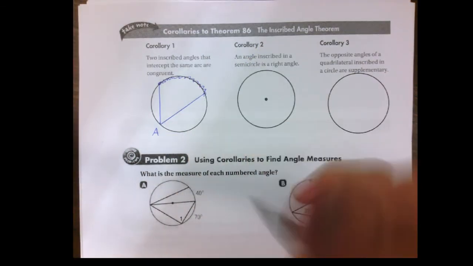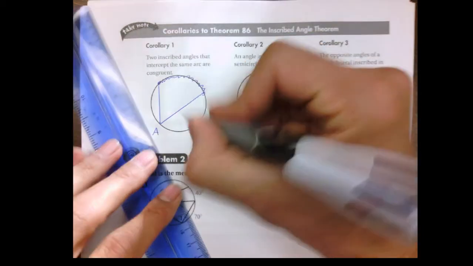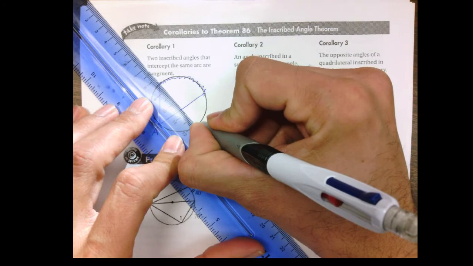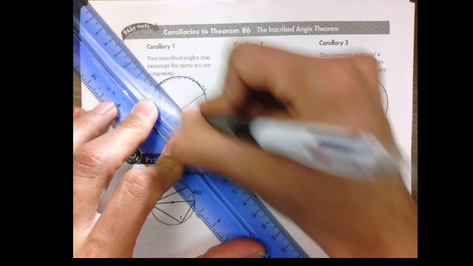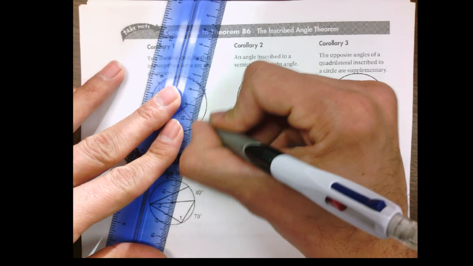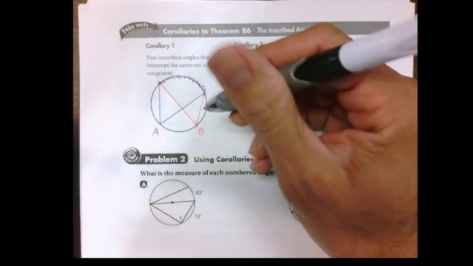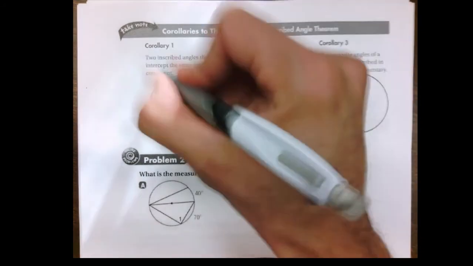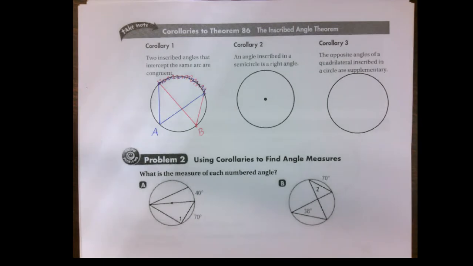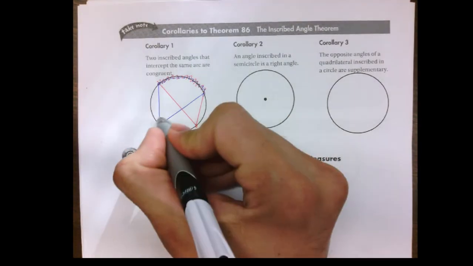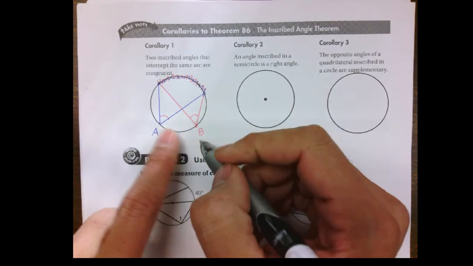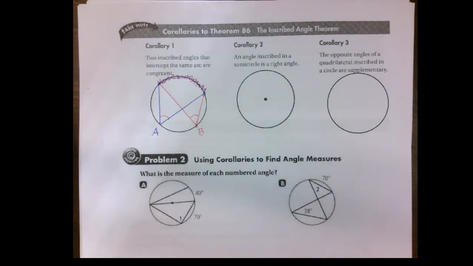Now let's draw another inscribed angle over here. Let's call that point B, and draw it so that it intercepts the same arc. Since both of these angles intercept the same arc, those angles are going to be congruent.